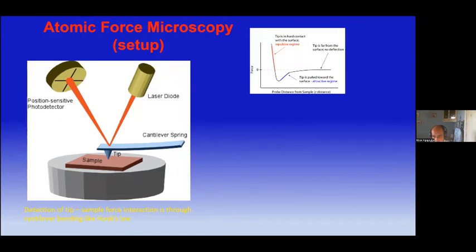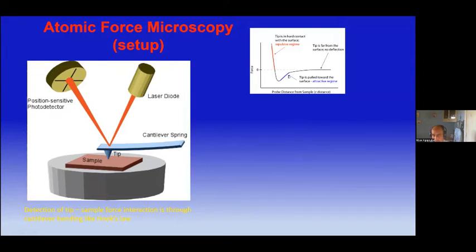In terms of physics, the force can be either in the attractive regime or in the repulsive regime. In the repulsive regime, we have the AFM operating in contact mode, whereas in the attractive regime, we have the AFM operating in the non-contact mode.